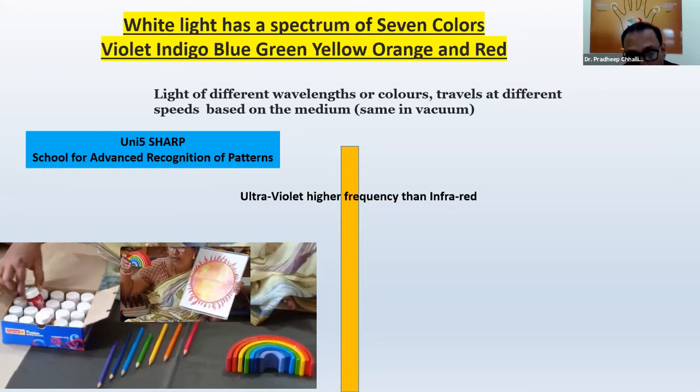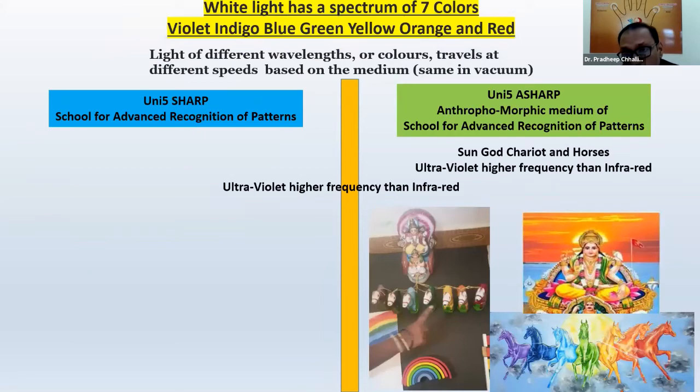But now I will show you another model to show the same concept, which we call the Unify A-SHARP model. The A represents anthropomorphic medium, meaning human-form-like. Here we show it as Surya Bhagavan. Instead of showing the sun, we show Surya Bhagavan with his charioteer Aruna and 7 horses.